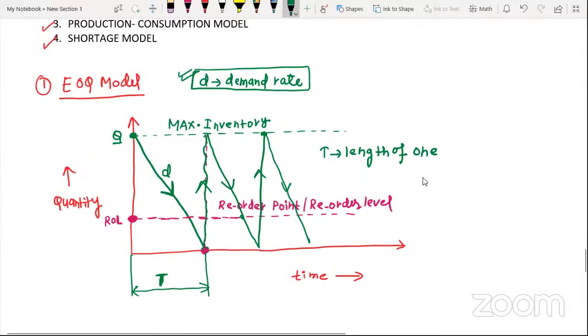And this reorder point, here you can see we have reordered the quantity. So this small time is known as lead time, represented by LT. This LT is our lead time.